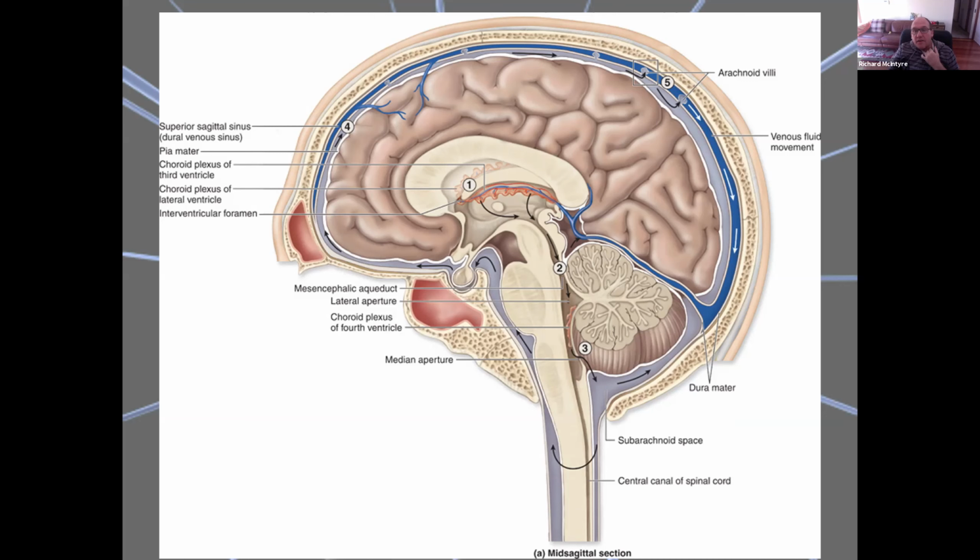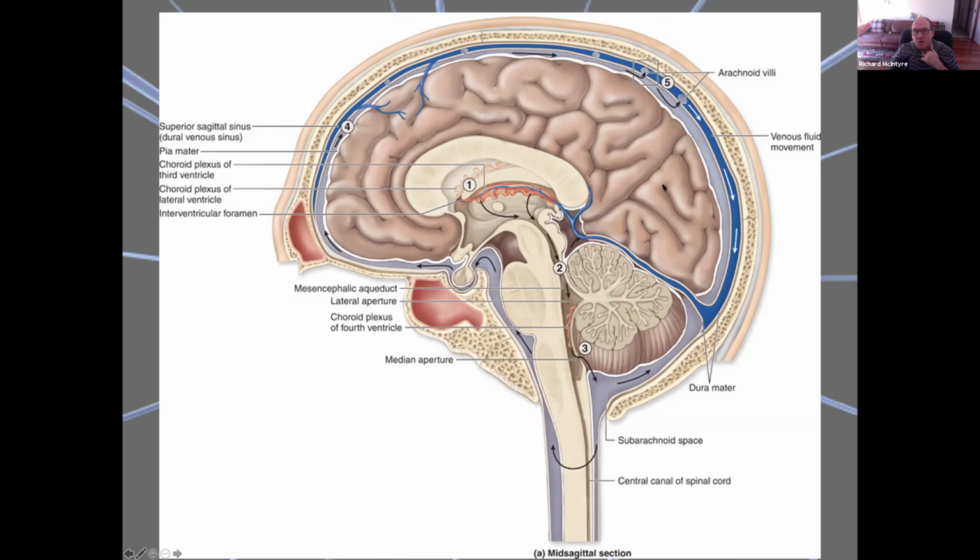We have other things like the venous fluid movement, so we know the arteries come up. Obviously, whatever comes up goes down, so if the arteries come up, the blood is collected by the veins, and then the superior sagittal sinus takes the veins back down, and then the transverse sinus and the internal jugular veins, okay?